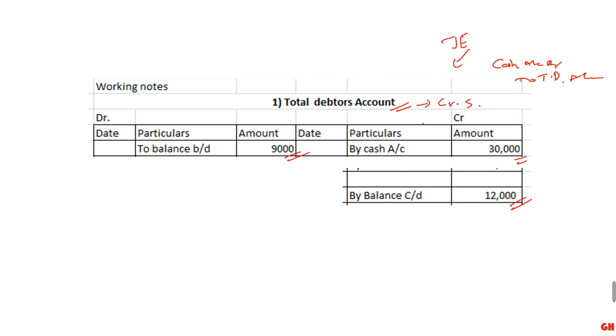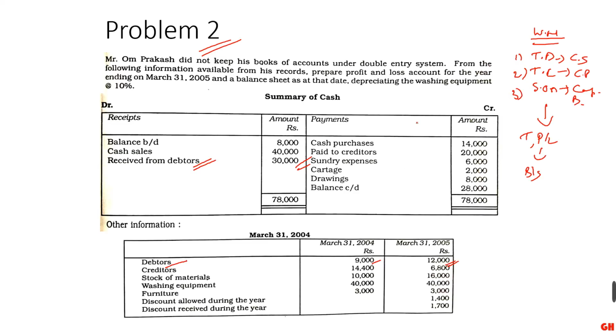We are preparing this total debtors account to get credit sales. Anything which is related to debtors, we have to find out. Here, discount allowed during the year is given. So discount is given by Mr. Om Prakash to debtors.